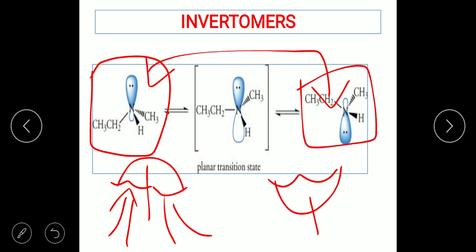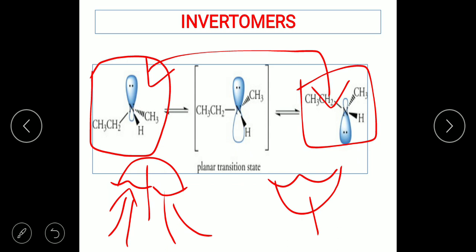Only nitrogen having 3 substituents around it and 1 lone pair that is non-bonding, not involved in any bond formation, shows this type of enantiomers, which are called invertomers.